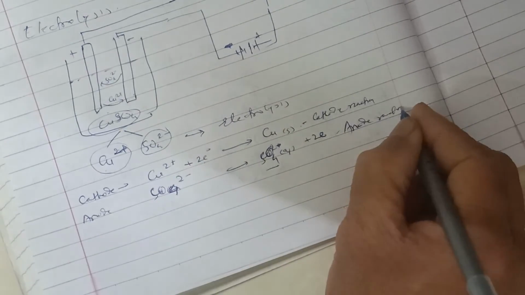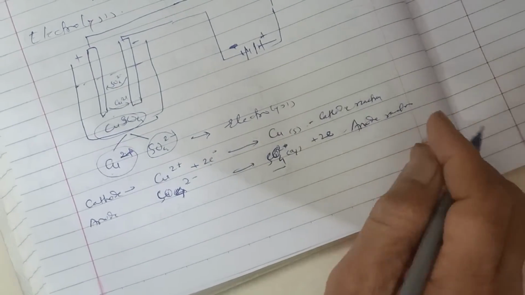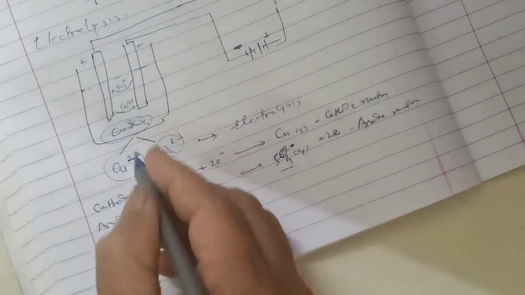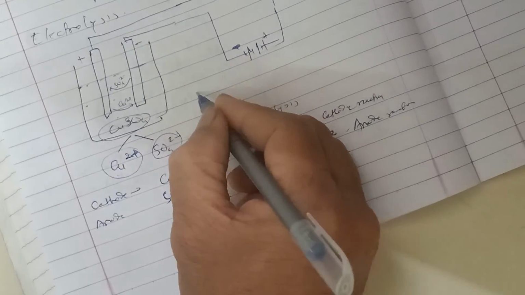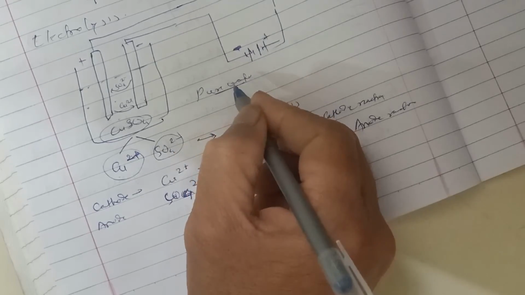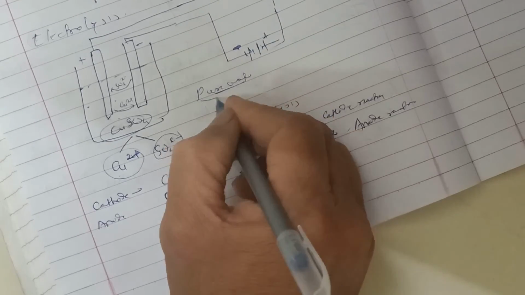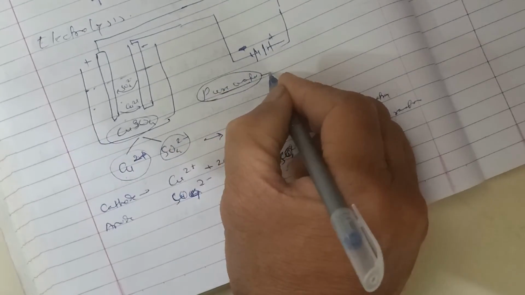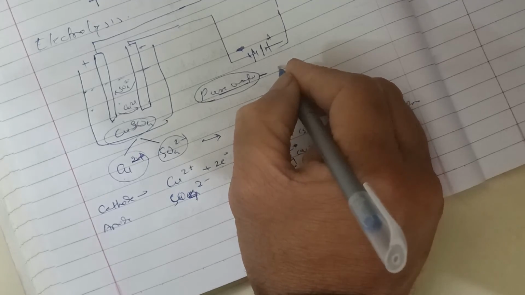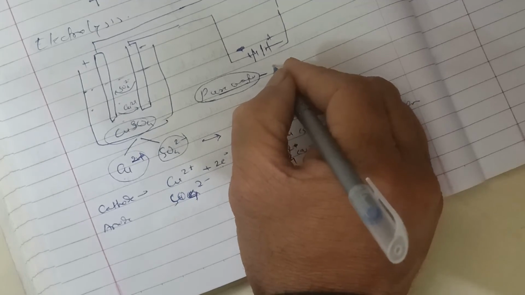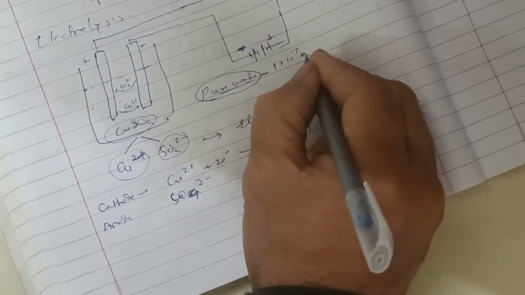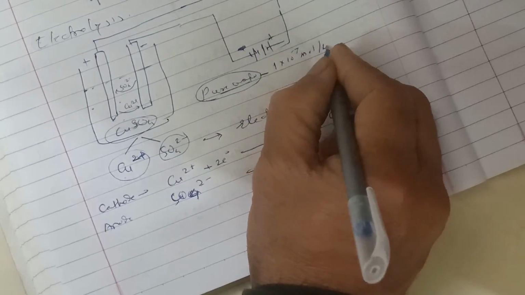Okay, the pure water. If we take pure water, pure water is a bad conductor of electricity, because the pH of pure water is 7 and it dissociates a very small amount, that is 1 into 10 to the minus 7 mole per liter.